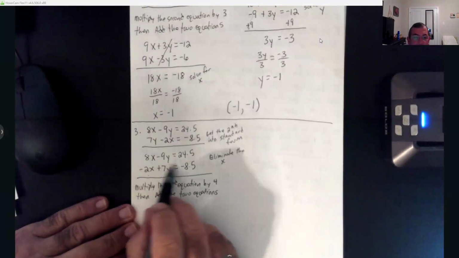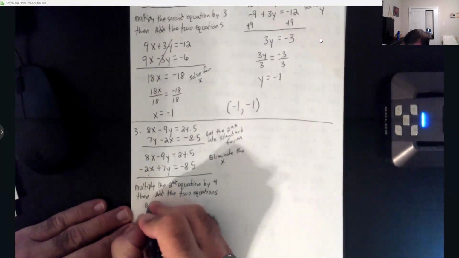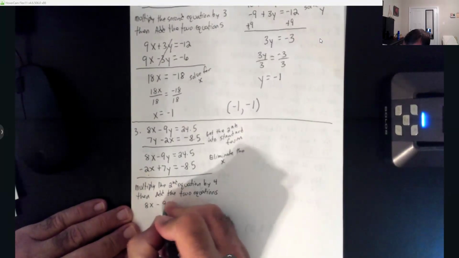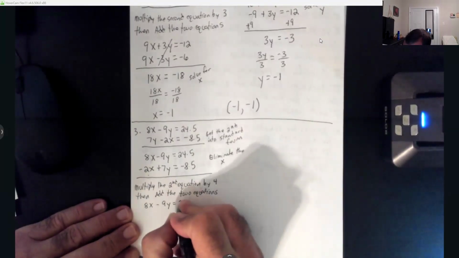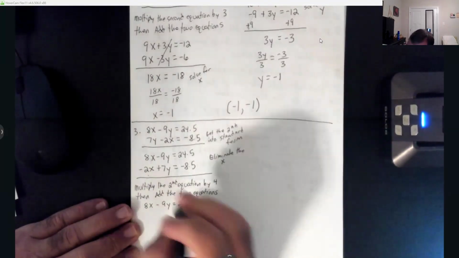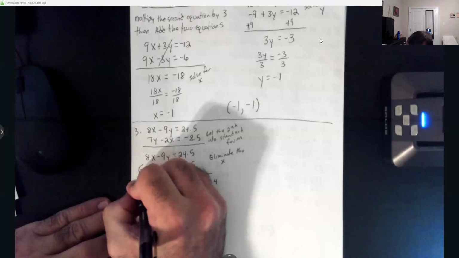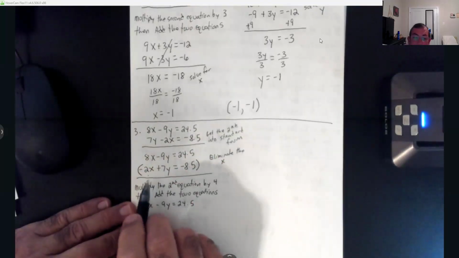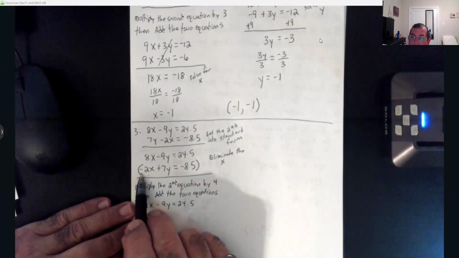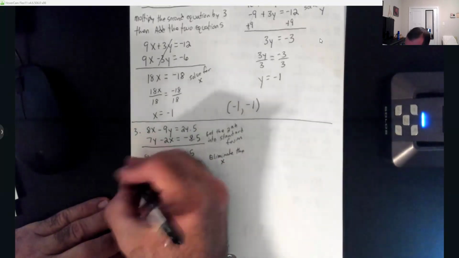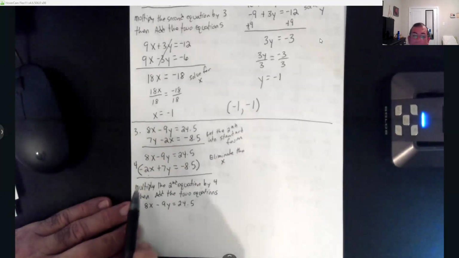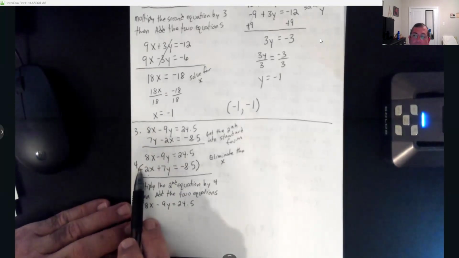All right, so I'm not changing the first equation, so that's going to stay 8x minus 9y equals 24.5. But y'all, now I'm taking this second equation right here. In this whole second equation, I'm going to multiply everybody by a positive 4.